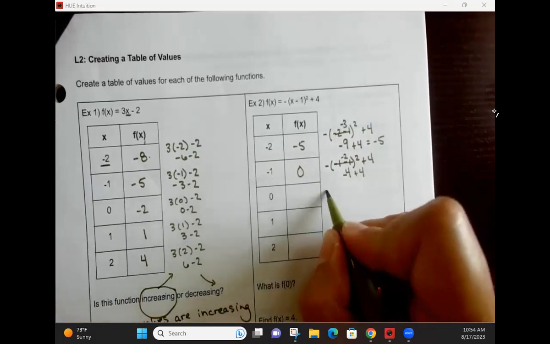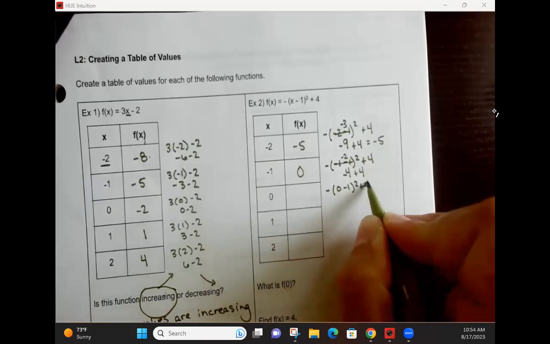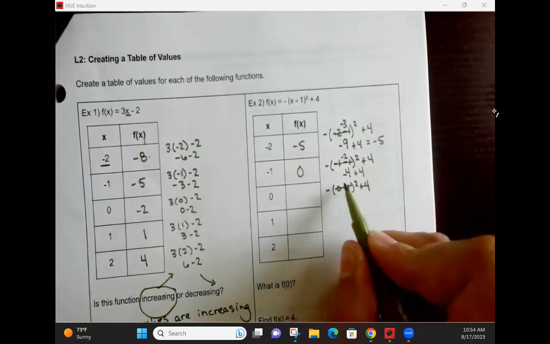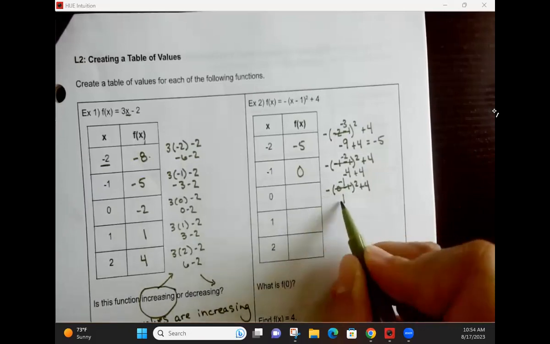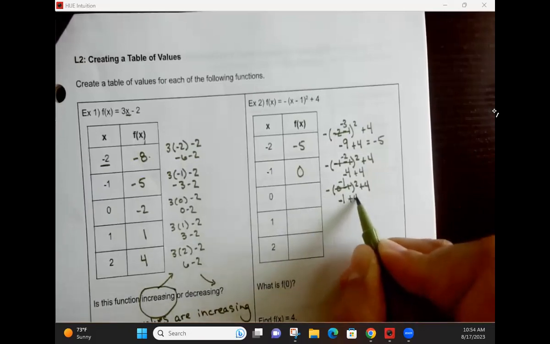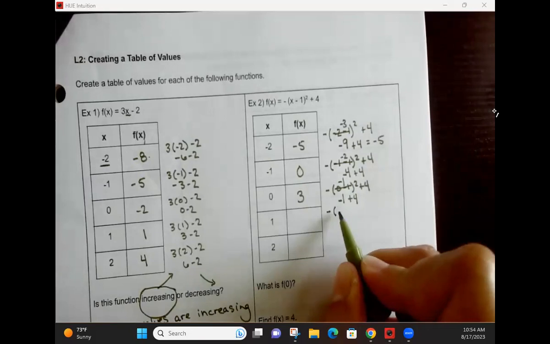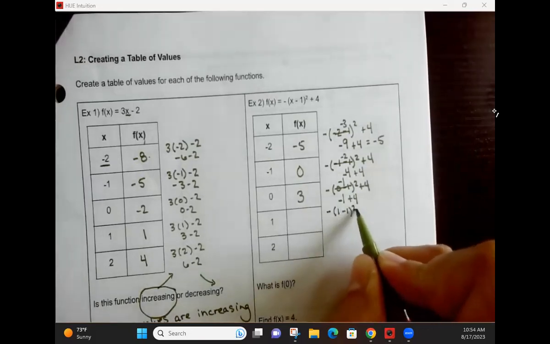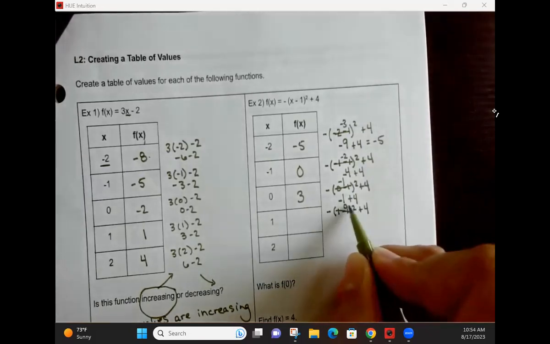We plug in 0. In parentheses, we get -1. Square that, we get +1. So -1 plus 4 gives me 3. And then I plug in my next value. This time we get 0. 0 squared is 0.